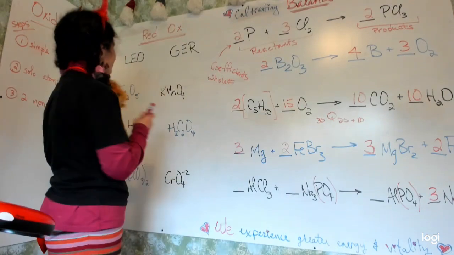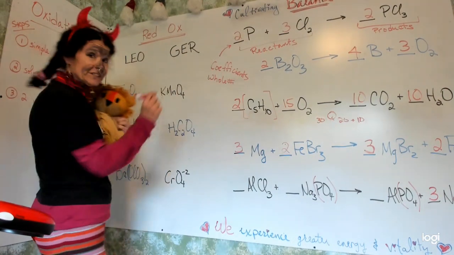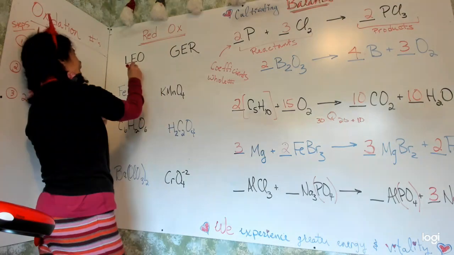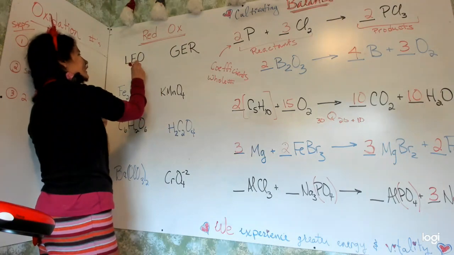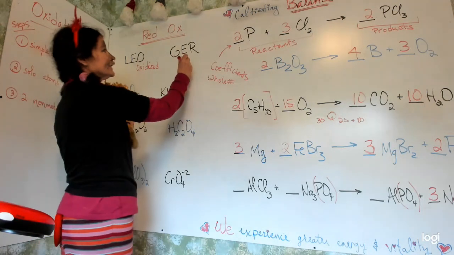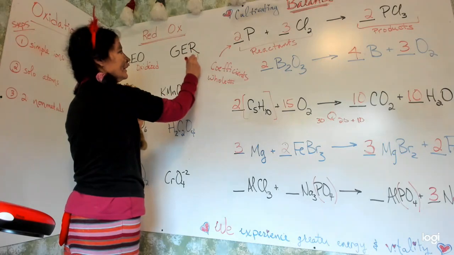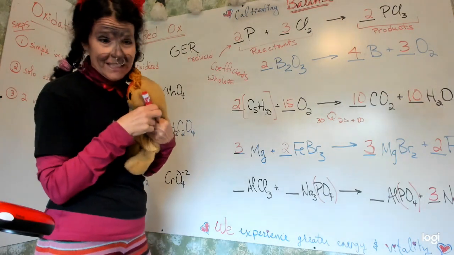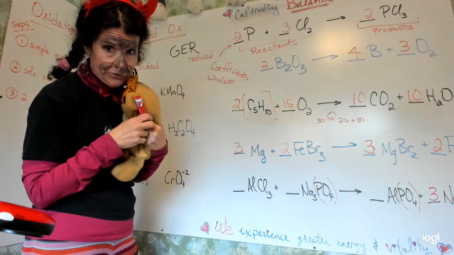All right. So what LEO GER stands for, this is the best acronym anybody ever taught me. O stands for the word oxidized. GER stands for reduced. Those two words need to be part of your chemistry vocabulary.